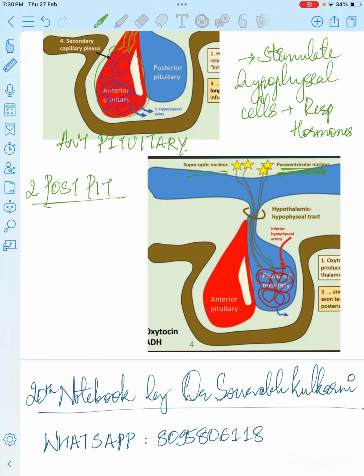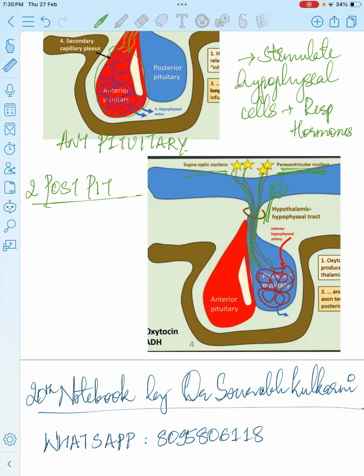How exactly is posterior pituitary different from the anterior pituitary? The supraoptic nucleus and the paraventricular nucleus, which lie scattered near the third ventricle, have their axons terminating directly into the posterior pituitary. So there is no intermediate primary capillary plexus or portal vein interplay here in posterior pituitary.